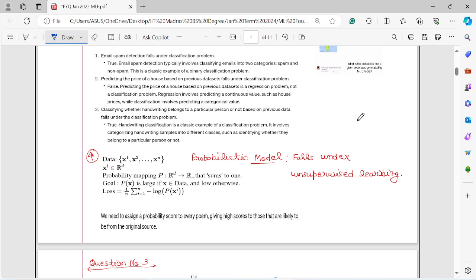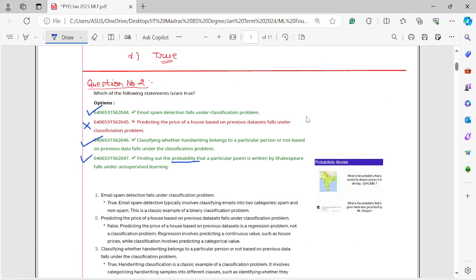If we have to find the probability that a given tweet was generated by Mr. Chopra, then it is a probabilistic model, because we need to assign a probability score to every poem and give high scores to those that are likely to be from the original source. So this is a probabilistic model and it falls under unsupervised learning. So the fourth option is also true. If you talk about probability, then it falls under probabilistic models, and probabilistic models come under unsupervised learning.